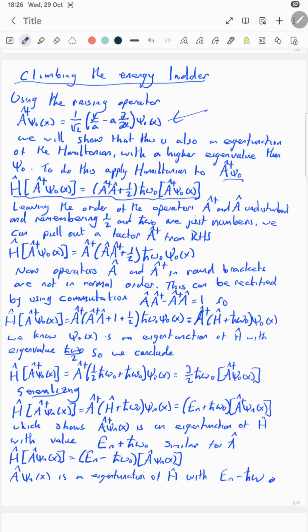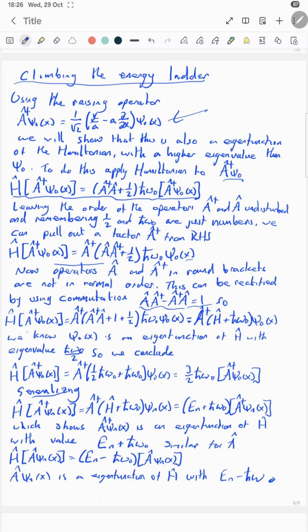Leaving the order of the operators A dagger and A undisturbed, and remembering that 1/2 and h bar omega 0 are just numbers, we can pull out a factor of A dagger from the right hand side, giving this. Now the operators A hat and A hat dagger in round brackets are not in normal order. This can be rectified by using the commutation relation here, which we derived earlier.